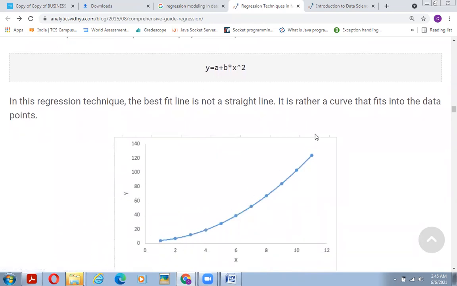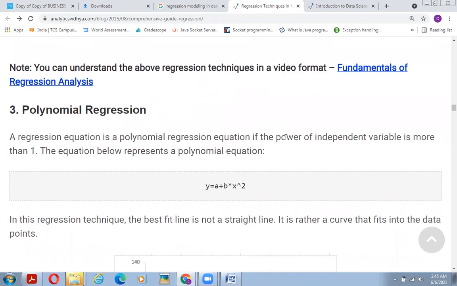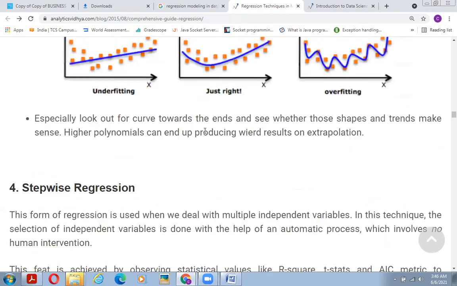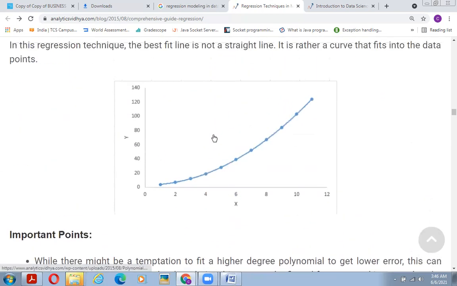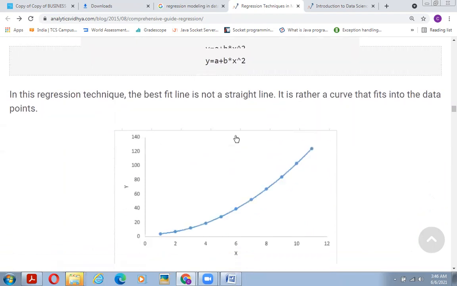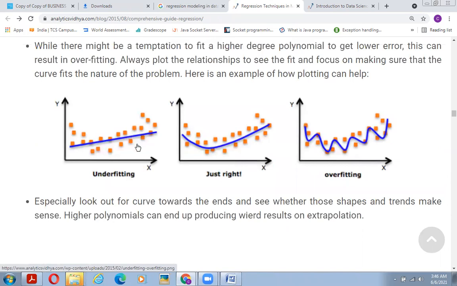We change the input with time and we get a curve, which is known as polynomial regression. The power of the independent variable is more than 1, and the formula is a plus b times x to the power. From this we get this relationship.